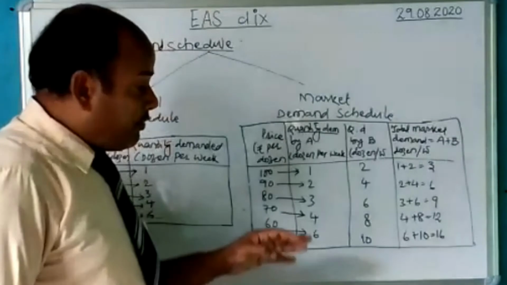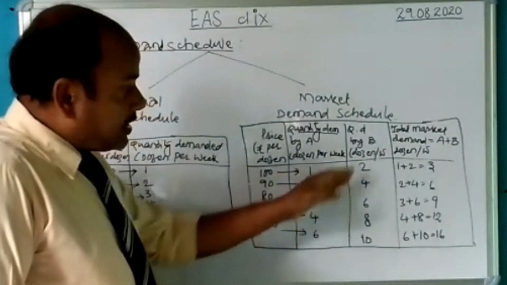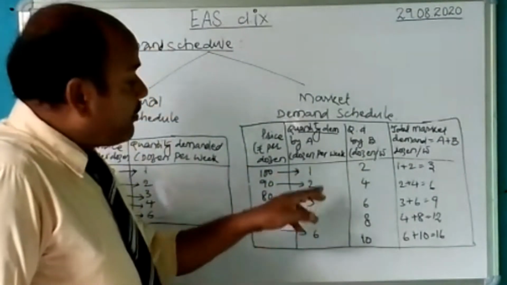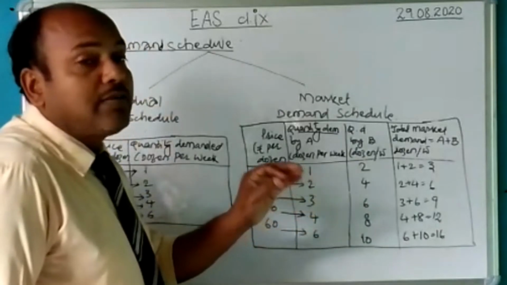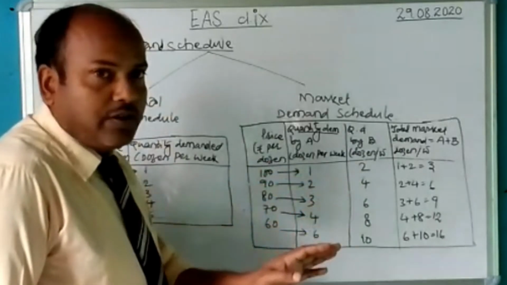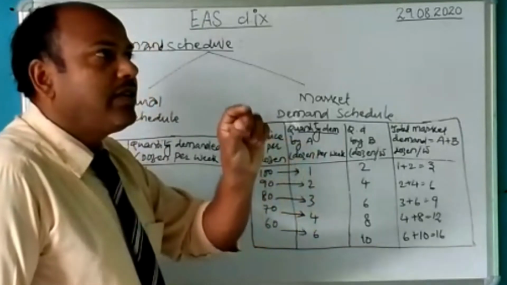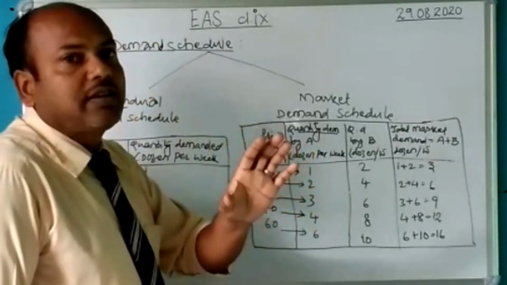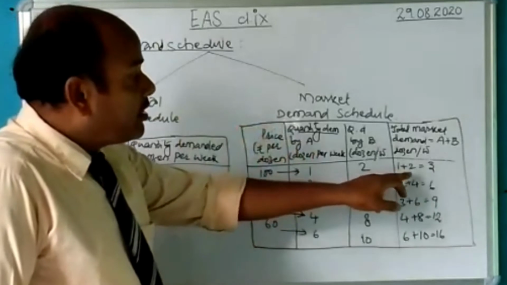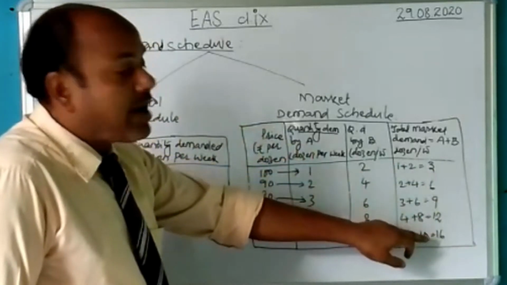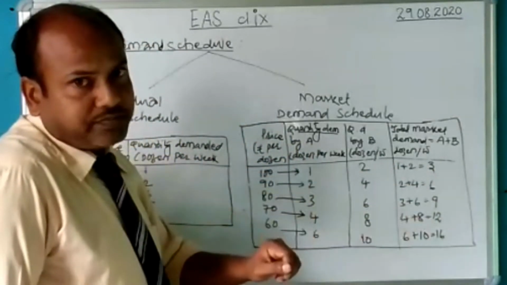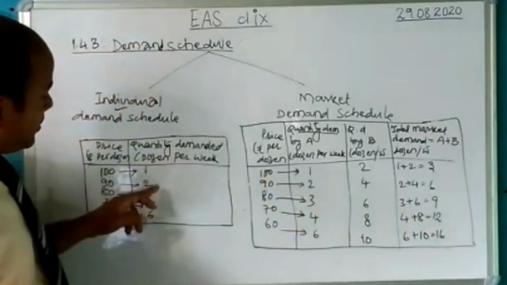That means when the price is decreasing, the quantity demanded by both is increasing, and when you add up all the demand created by all the consumers for a particular commodity at a particular price, then that total quantity will be the market demand schedule. That means this is an individual demand schedule.